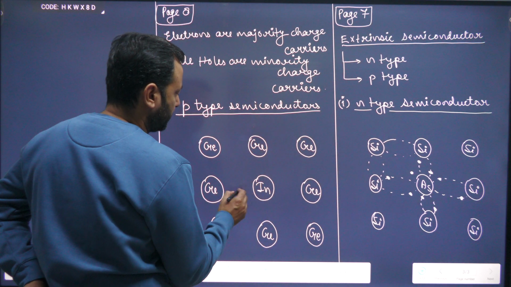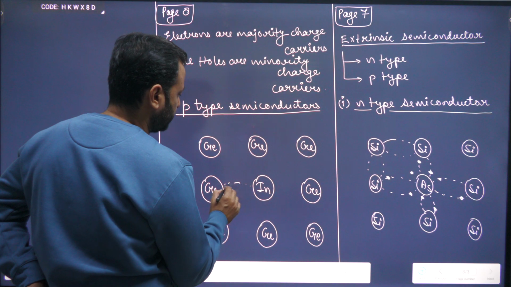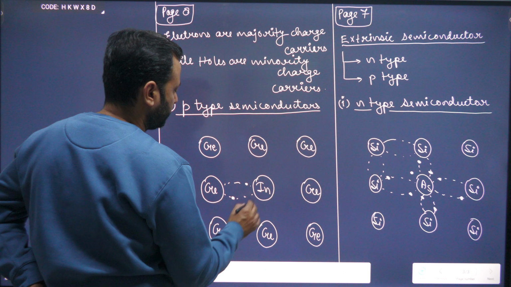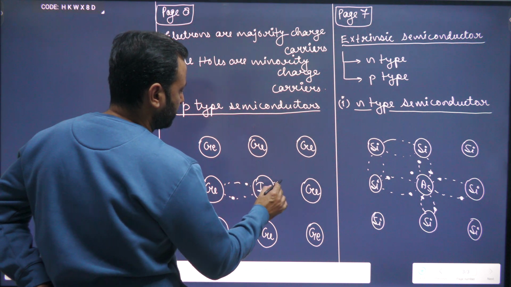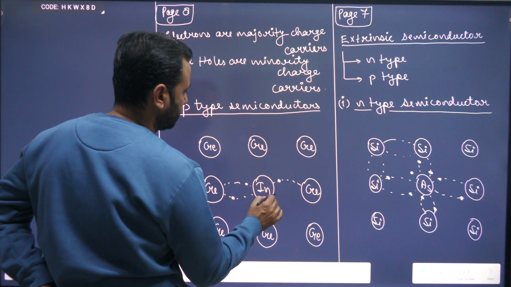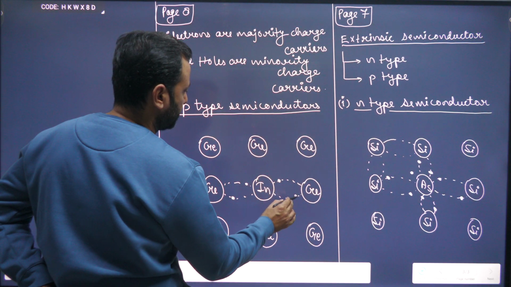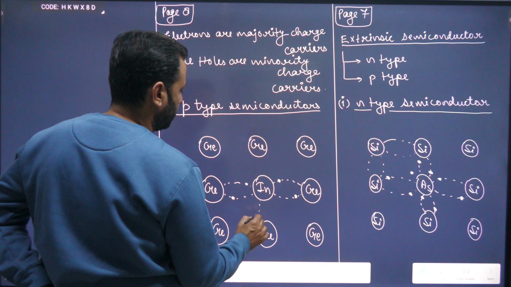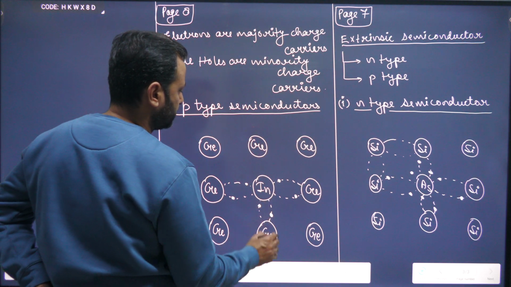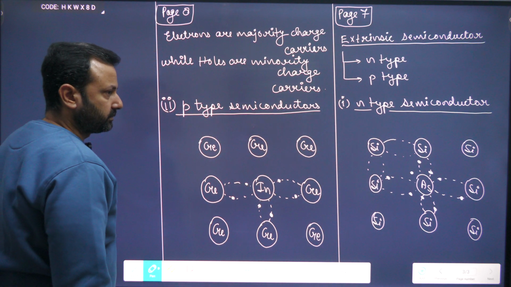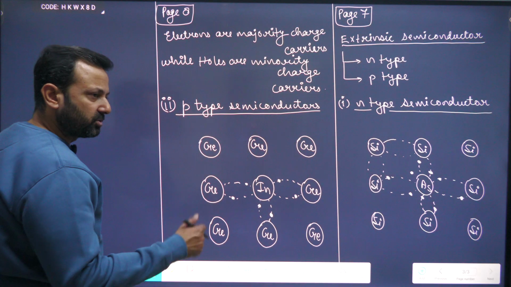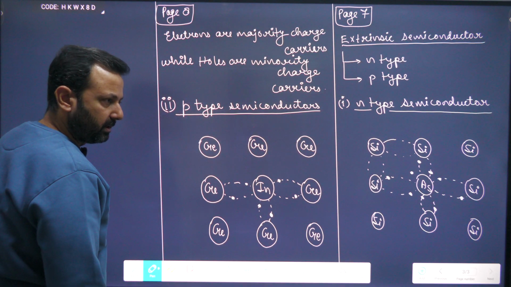So 1 electron it shares with this germanium, 1 electron with this germanium, and 1 electron with this germanium. So it has only 3 valence electrons.